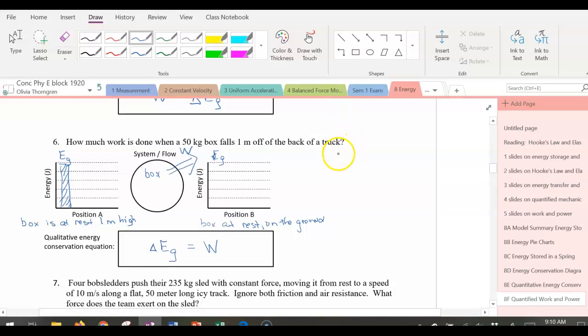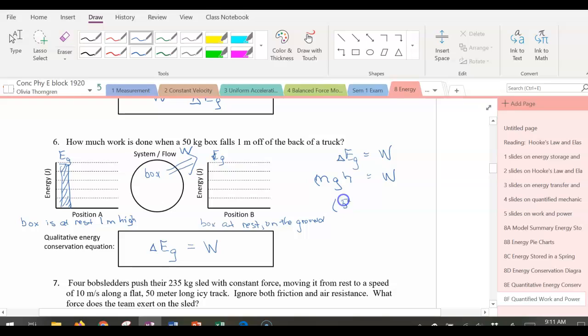So I want to look at this. The change in the gravitational energy equals the amount of work that was done. Our mass, so that would be mg times the h at position A, equals the work that was done.